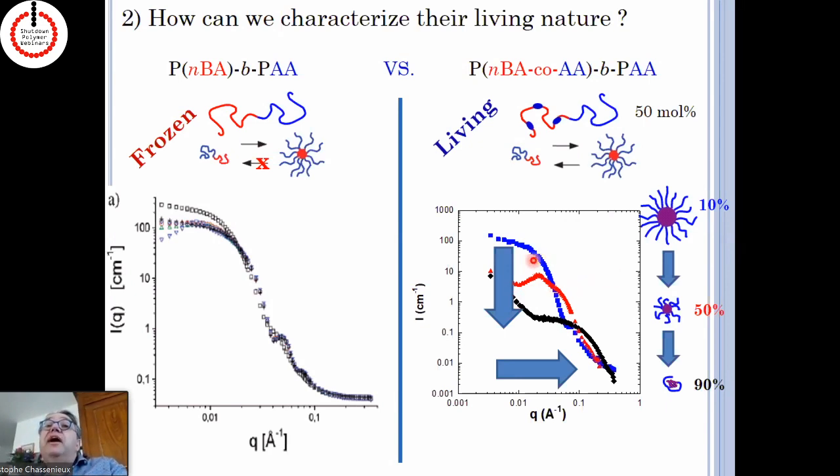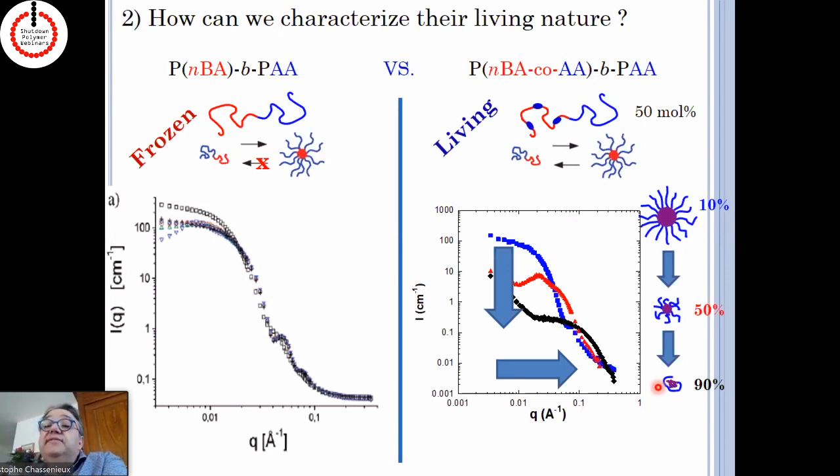And I also have a shift of my curve towards higher value of Q, which means that I have a decrease in the size of the system. So here, if I play with the ionization degree of acrylic acid, my micelles at low ionization degree turn into smaller and smaller micelles as I increase the ionization degree of my system.